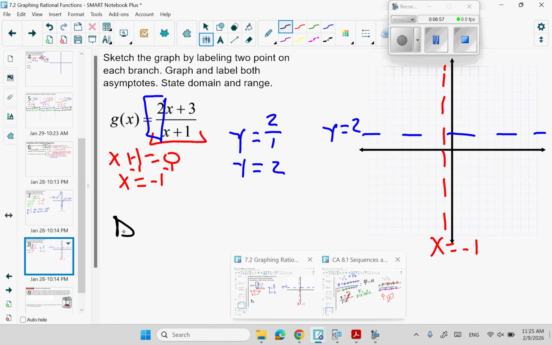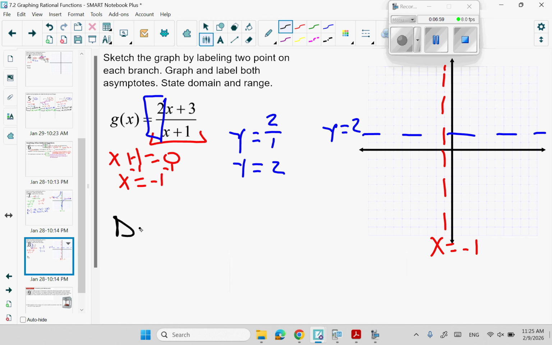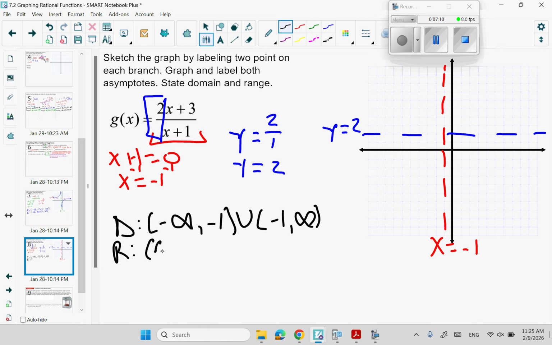So my domain is everything but negative 1, so negative infinity to negative 1, union negative 1 to infinity. My range is everything but 2, so negative infinity to 2, union 2 to infinity.